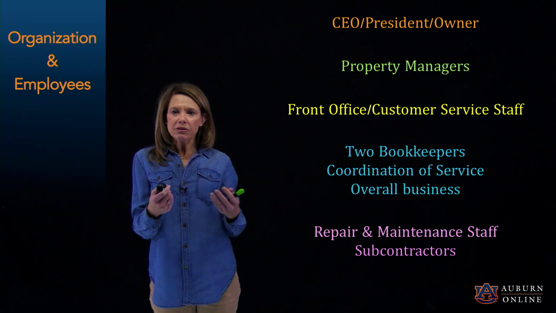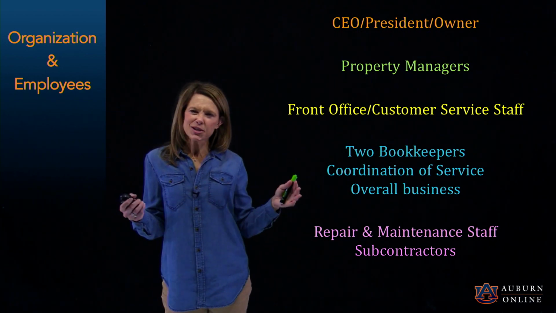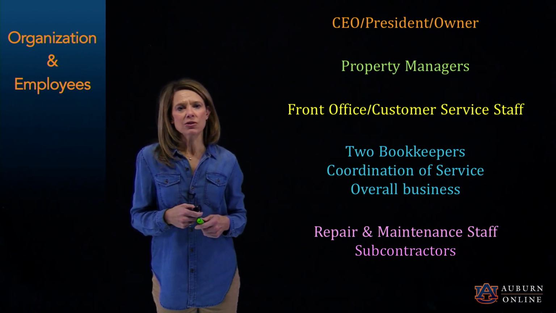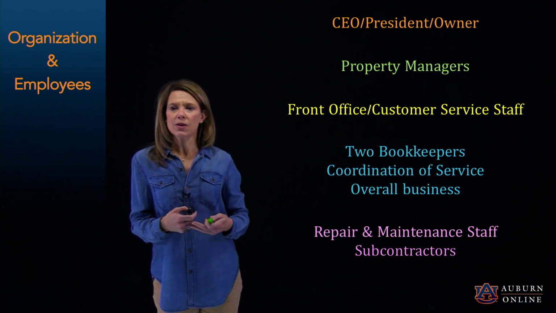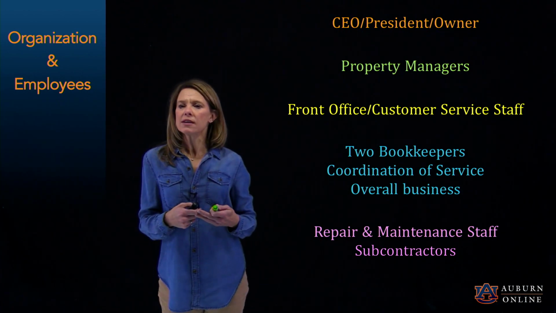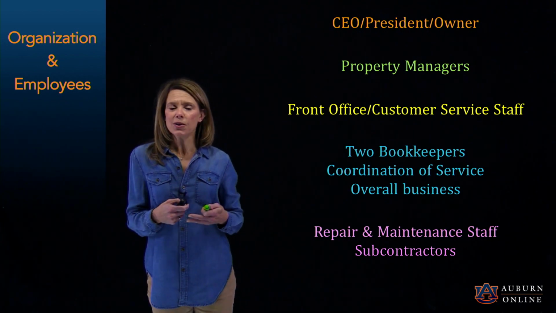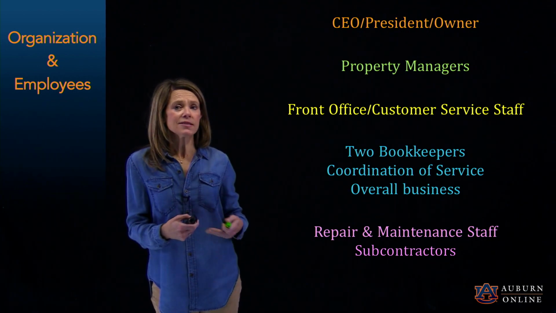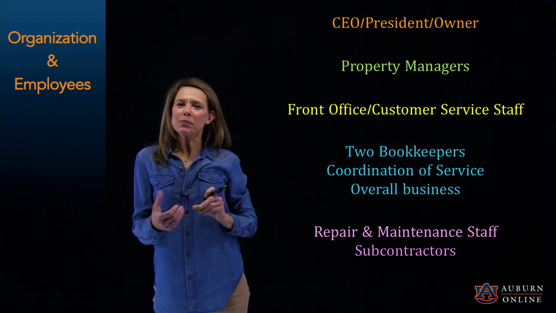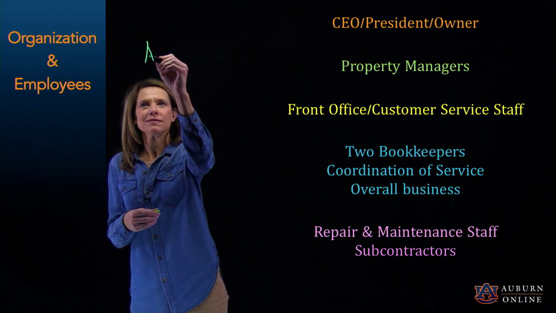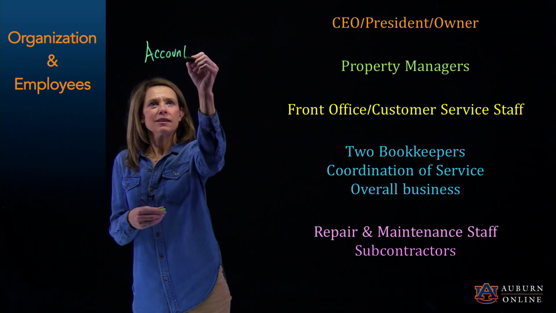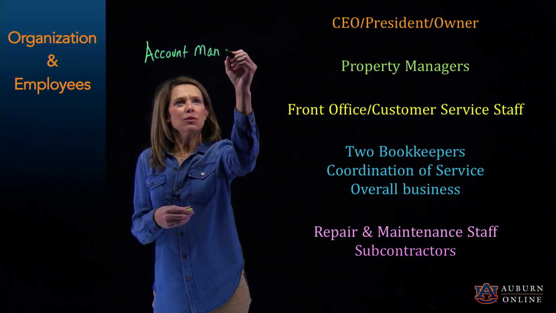So up underneath the owner, while he's overseeing things from a big picture, there are property managers who are incentivized. So these are commission-based workers who have assigned properties that they're in charge of. So the property managers really are serving as account managers. Okay, so account managers. And what does that mean?